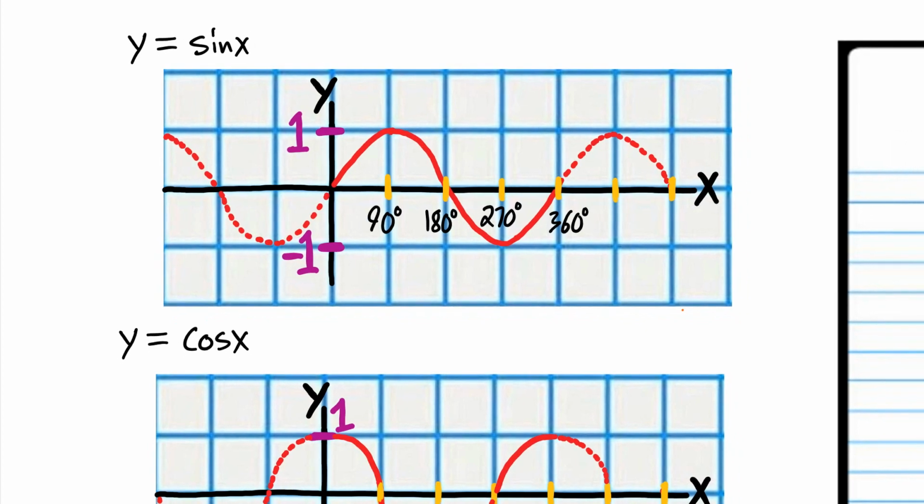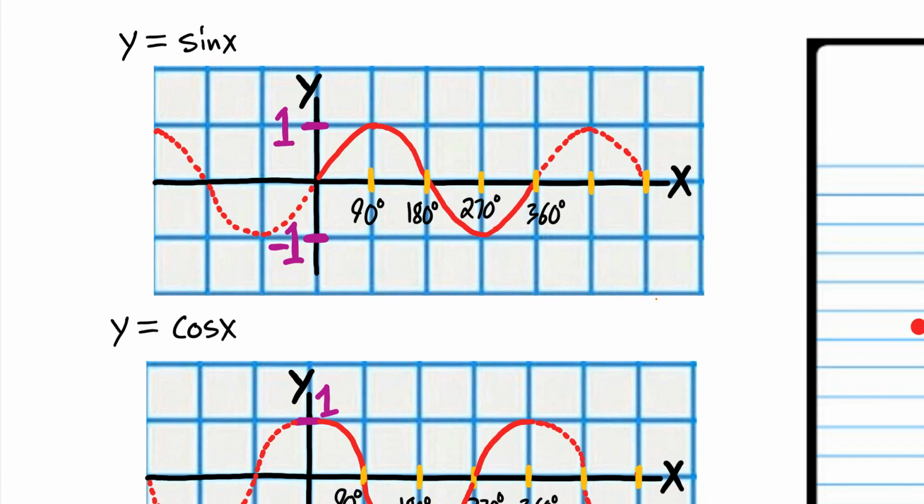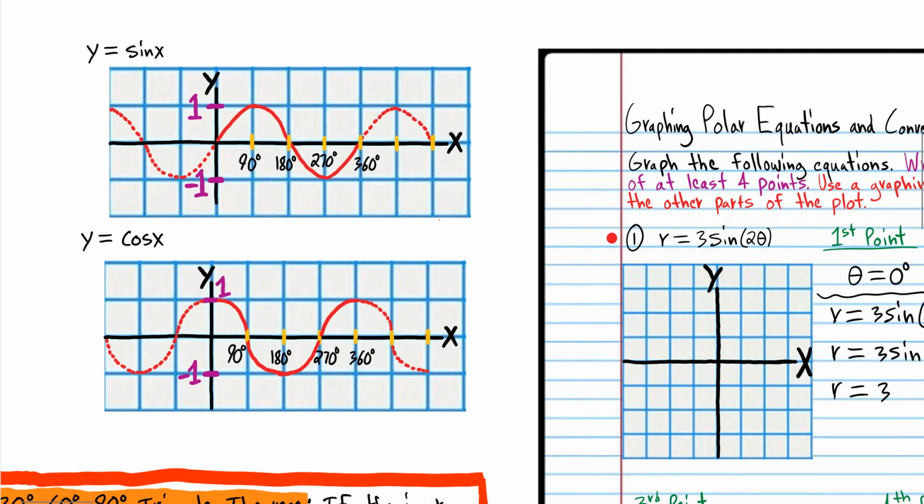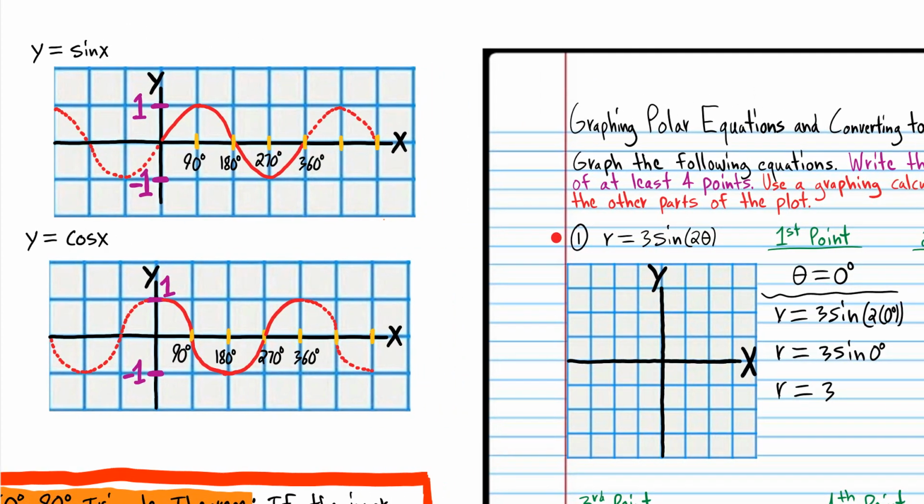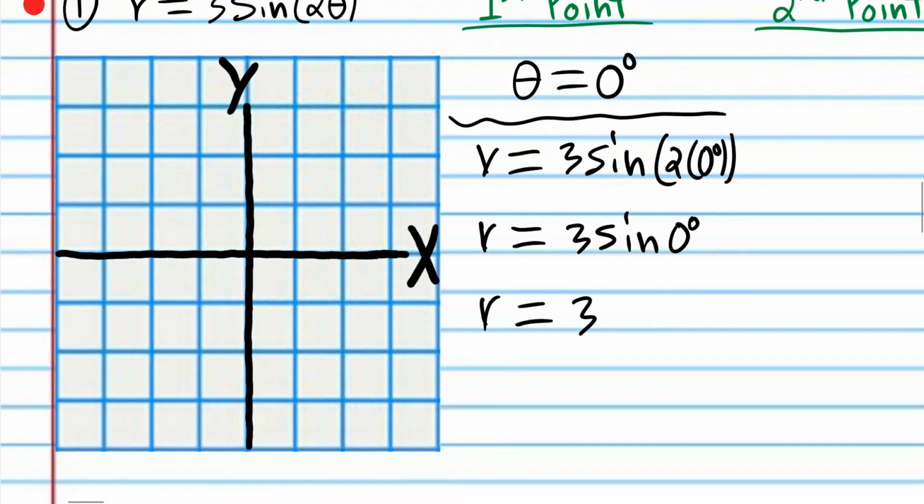If you had 30 degrees or 45 or 60 or 210 or 225, then we couldn't really use this graph to help us find the values. But we know that if the angle is 0 degrees, then the y value on this graph is 0. So that tells us that sine 0 degrees is 0.